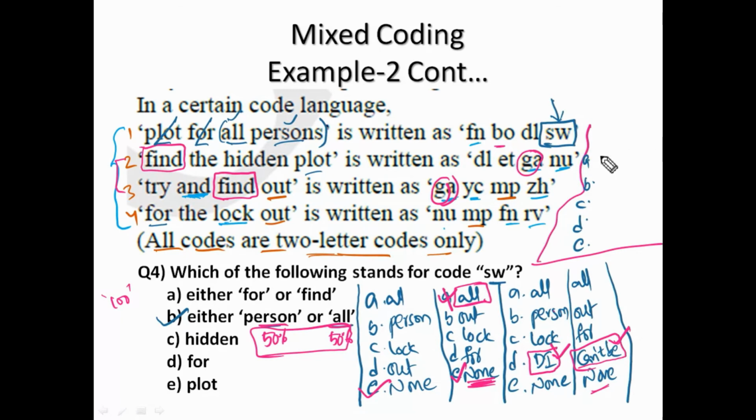If the options are all, persons, data inadequate, can't be determined, and none of these, now tell the answer. Here the answer is data inadequate.